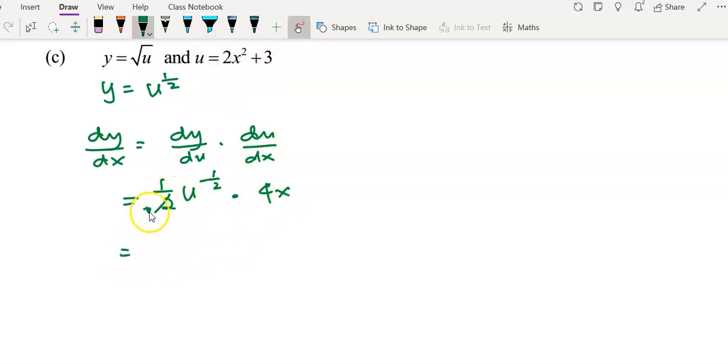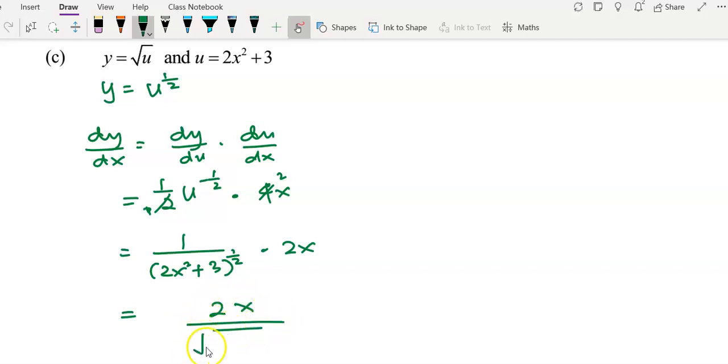Again, the 2 can be cancelled off. We have u to the power of negative 1 over 2, which will be 1 over u to the power of 1 over 2, which I have to substitute as (2x squared plus 3) to the power of 1 over 2, multiplied by 2x. So I have 2x over the square root of 2x squared plus 3. Alright, so this is my answer.